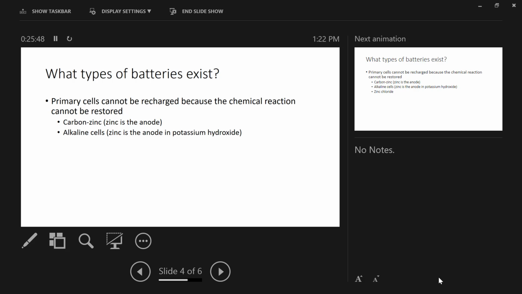And potassium hydroxide is a very, very strong base. And alkaline cells work a lot like carbon zinc cells, but they provide longer lasting voltage. The voltage, that potential energy, that separation of charges, lasts longer. The zinc more slowly gives off its electrons.